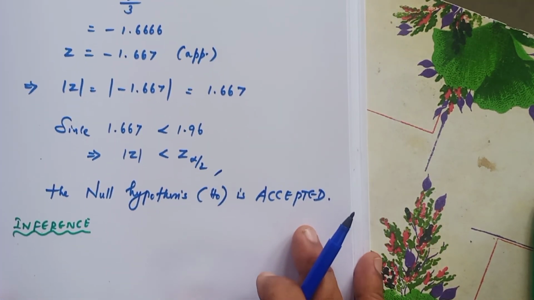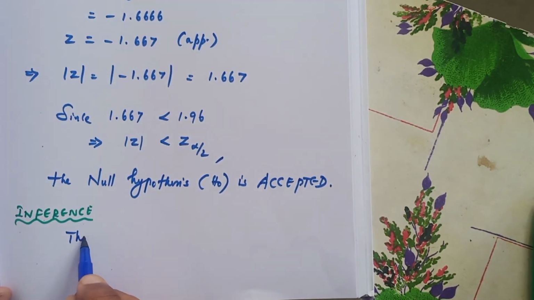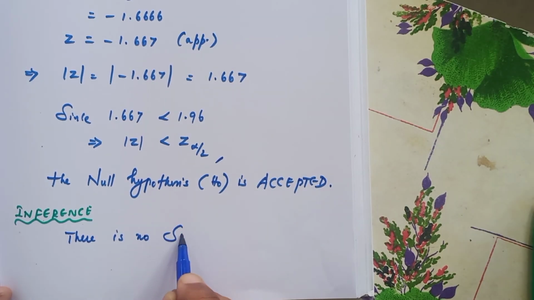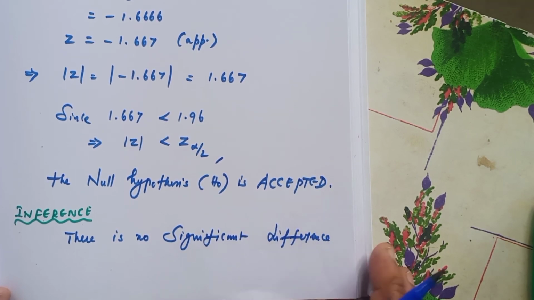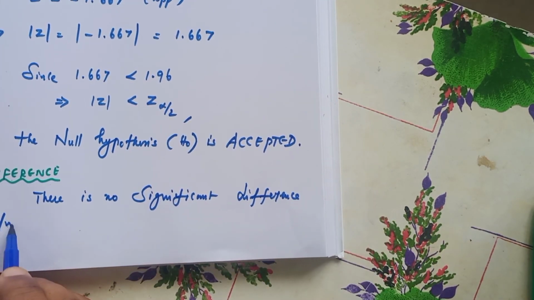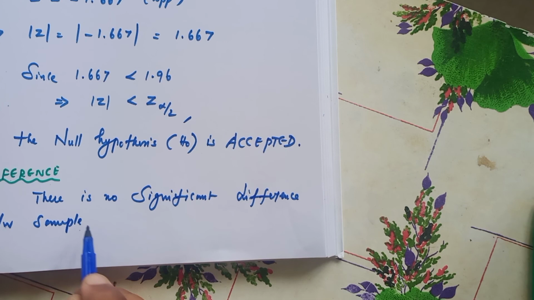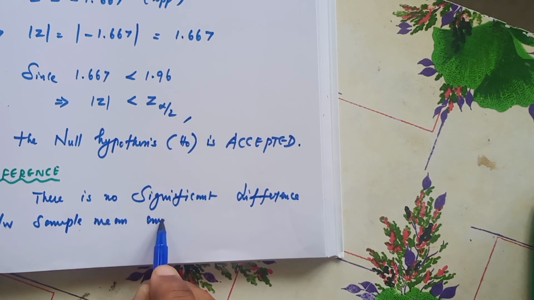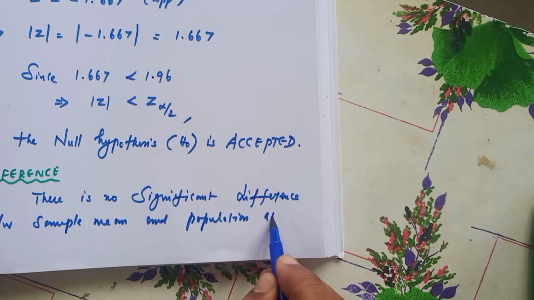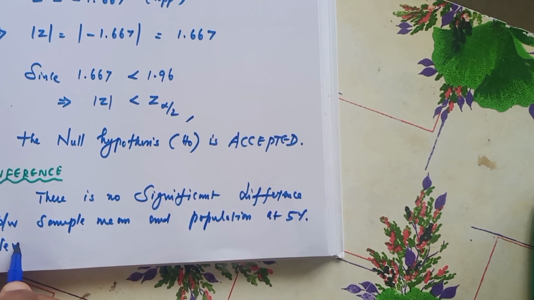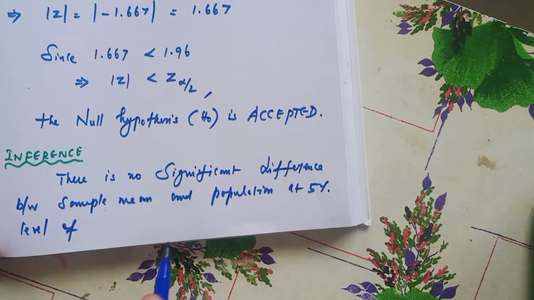Because we are accepting the null hypothesis, write the result: there is no significant difference between sample mean and population mean at 5% level of significance.